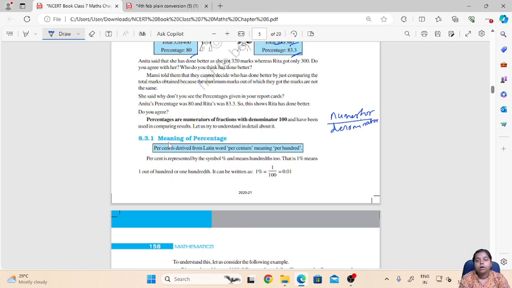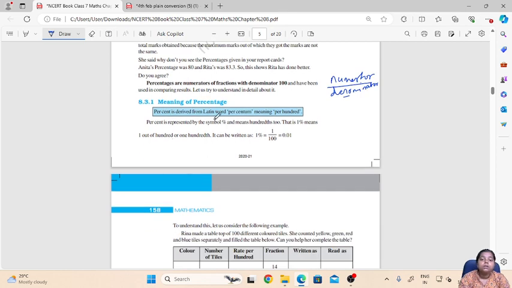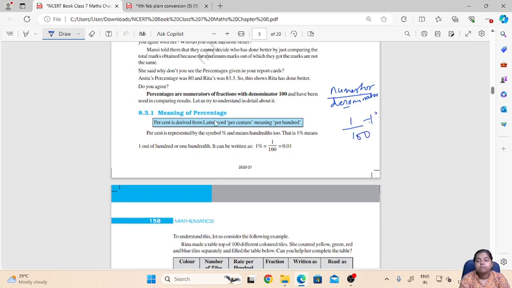The number above the fraction is called the numerator, and the number below the fraction is called the denominator. This you know. Percentage means per 100. That equals 1% is 1 out of 100. This is the meaning of percentage.